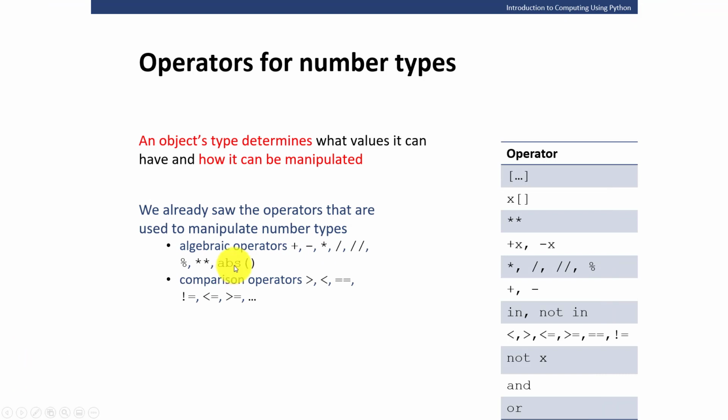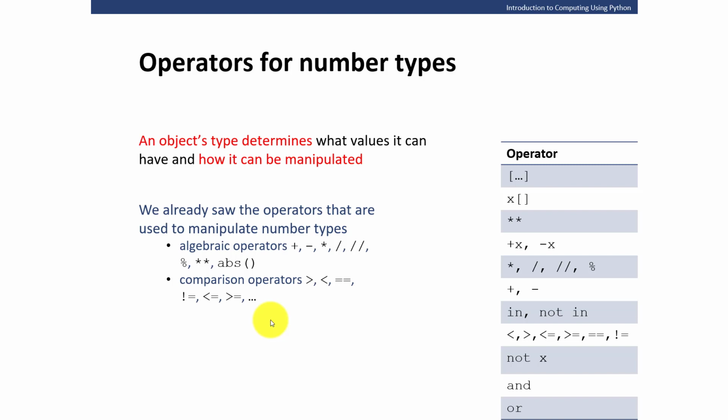So we have seen the algebraic operations, and we have seen the comparison operations, okay? And we saw some logical operations as well. So if you remember, what is the priority to evaluate this kind of operation when it comes to the Python interpreter?